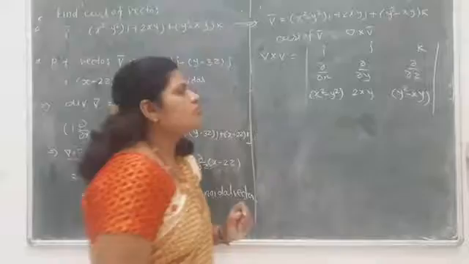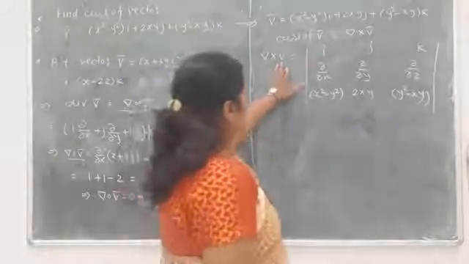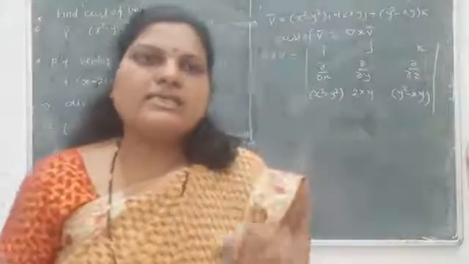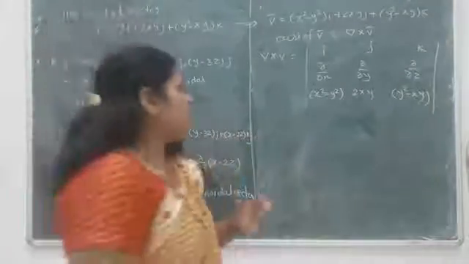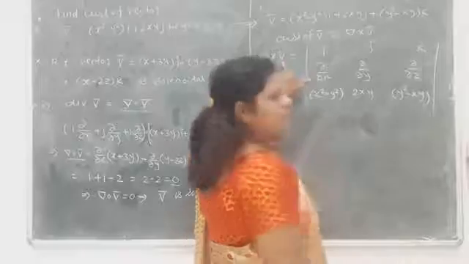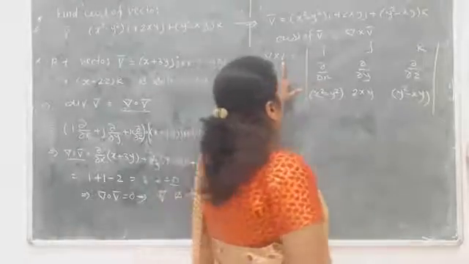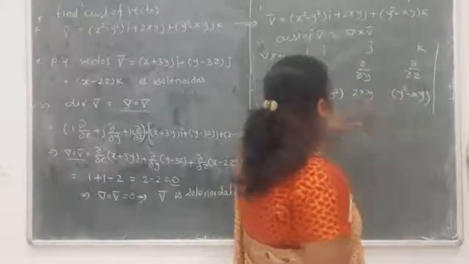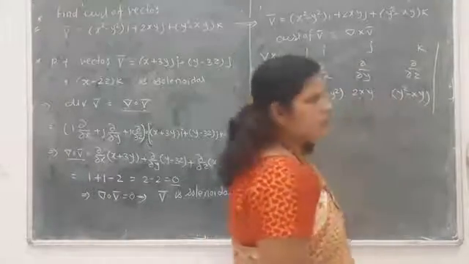So remember how to write the del cross of any vector: first row i, j, k, second row ∂/∂x, ∂/∂y, ∂/∂z, and third row the coefficients of the given vector, the i coefficient, j coefficient, and k coefficient, one by one.